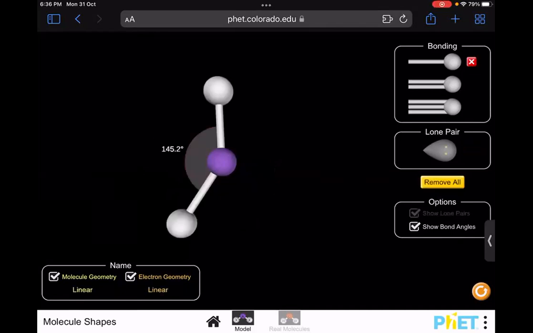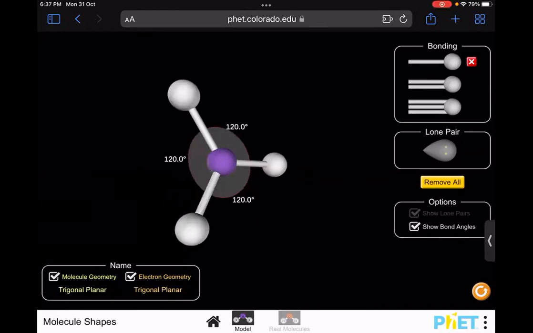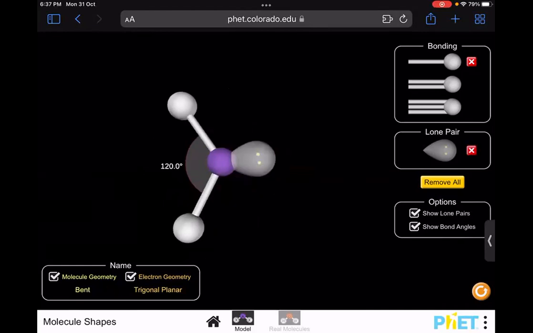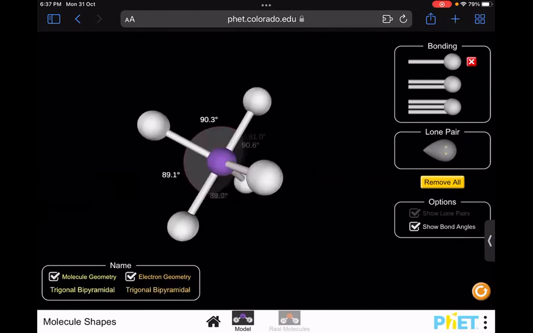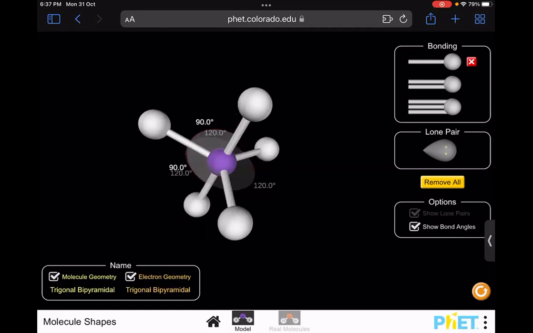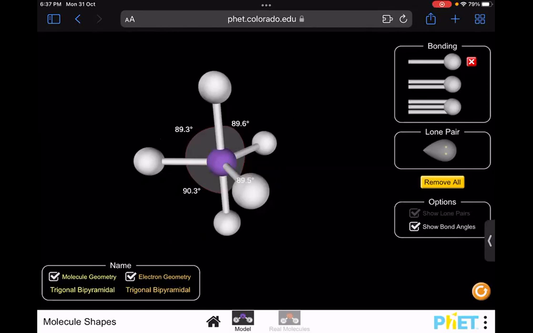3 means triangular. We are adding 1 and removing 1, it becomes bent. Correct? 3, 4, 5. What is the shape? 5 means trigonal bipyramidal. 3 will be the triangular, 2 will be above and below. You can see 1, 2, 3, 4, and 5.